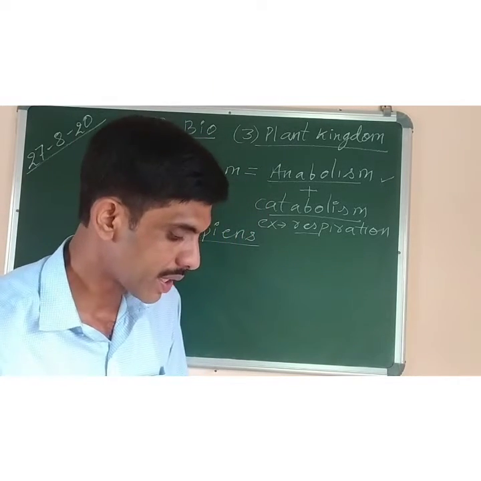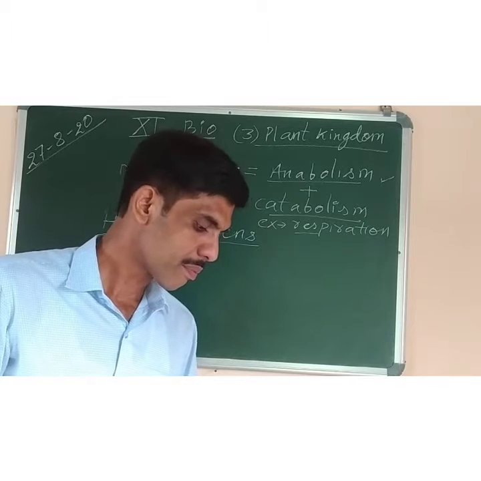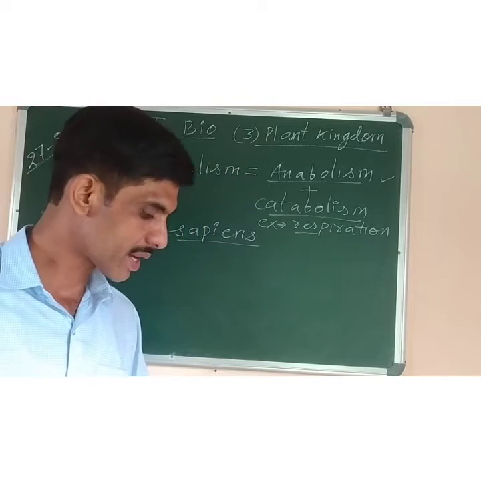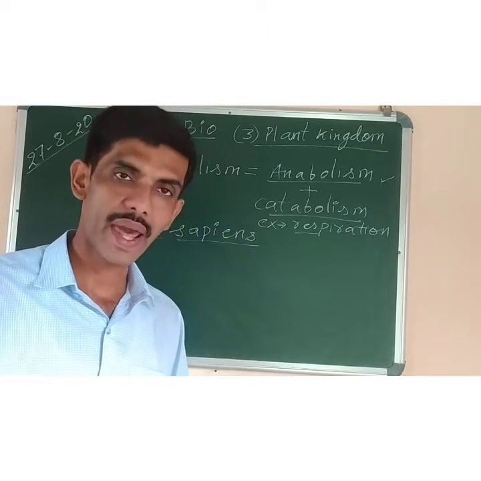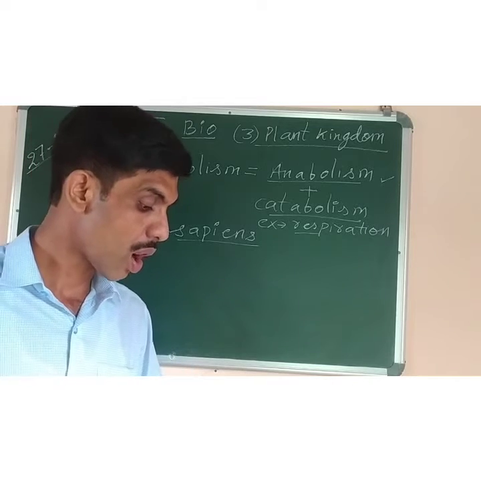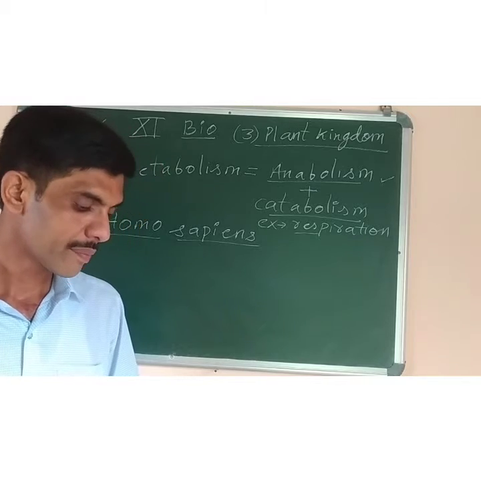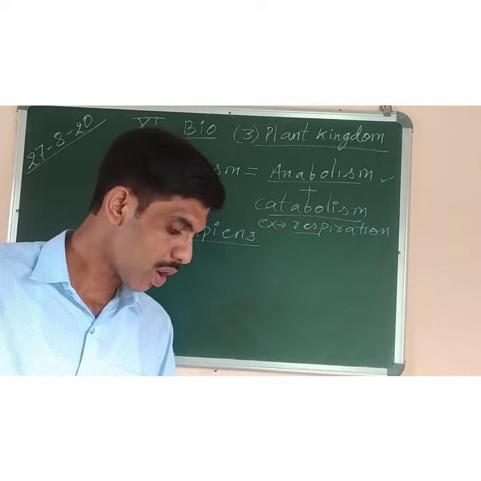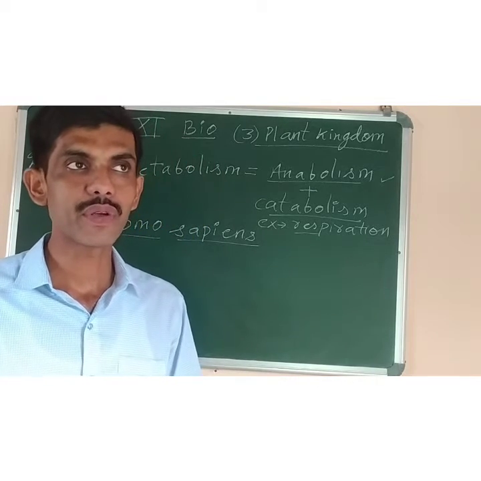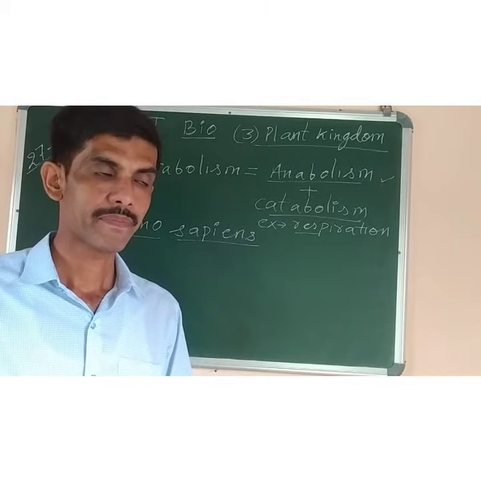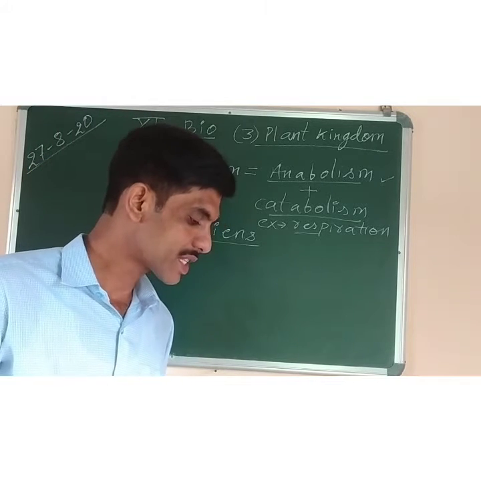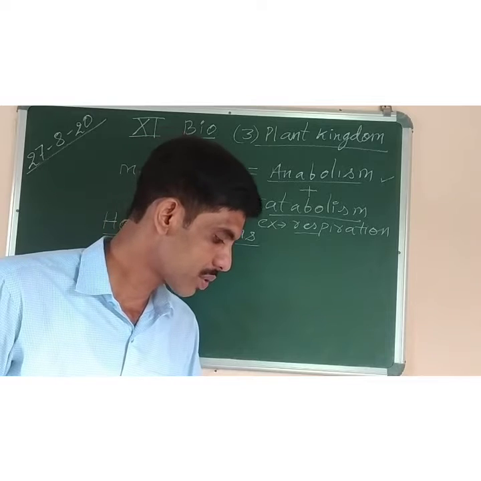Now, what is classification? The process by which we group organisms into categories according to some characters which are observed, that is called observable characters. Now, what is taxonomy? Taxonomy is when all the living organisms are classified into different groups or taxa, and this process of classification is called taxonomy.